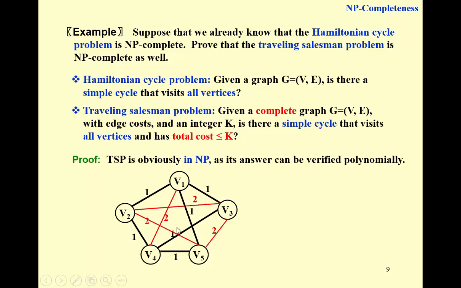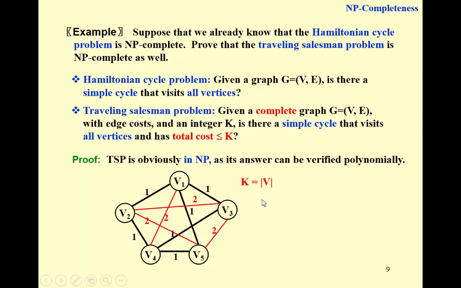In the worst case, it's going to be what? N squared, where n is the number of vertices. So now in polynomial time, we can map an instance in the Hamilton cycle problem into another instance in the traveling salesman problem. And in the traveling salesman problem, let's define this k to be equal to the number of vertices.